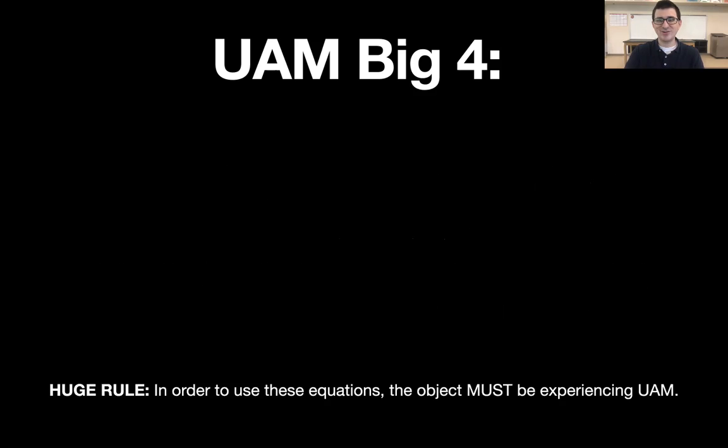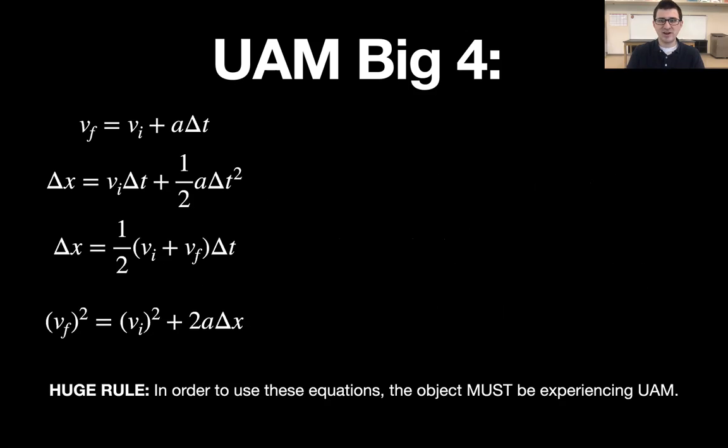So now, let me introduce you to the big four equations. The order is arbitrary. I might call them 1, 2, 3, and 4, but that's just a completely arbitrary order. Just to run through the meanings of all the terms, we have final velocity equals initial velocity plus acceleration times change in time.